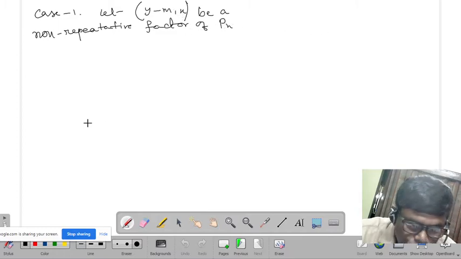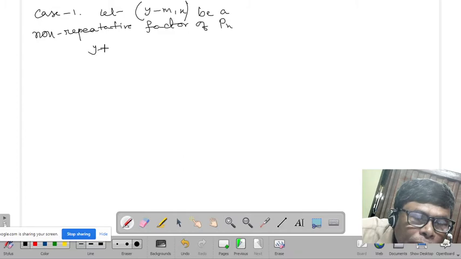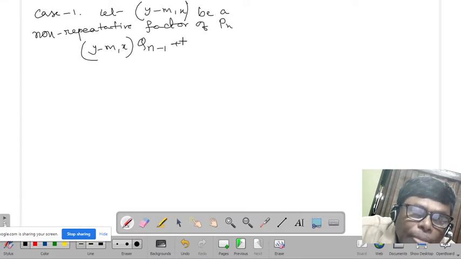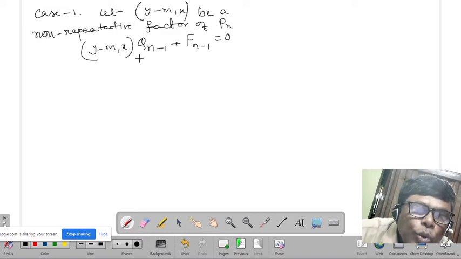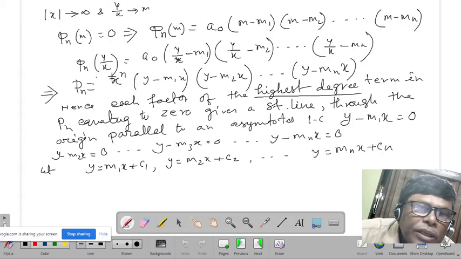Understood? So our whole equation of the curve can be written as y minus m1x, since this is the first term, times qn minus 1, plus the rest of the terms, whole of the rest term written as fn minus 1, equal to 0. Let me go to the previous page here.